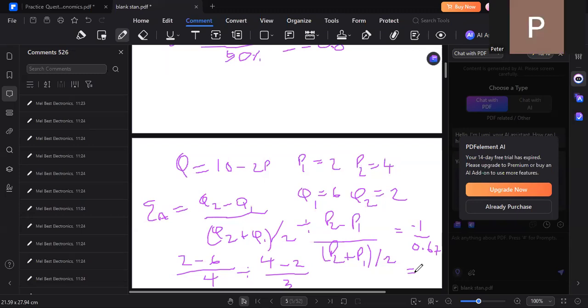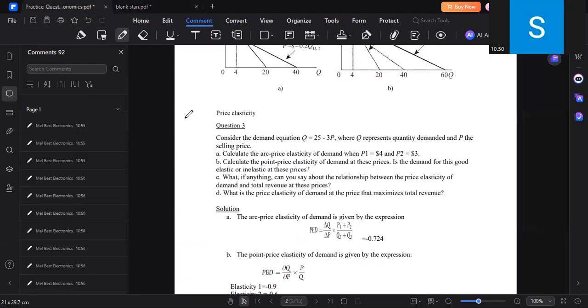Negative 1.5. And what is your comment? It's elastic. Correct. So demand is elastic.